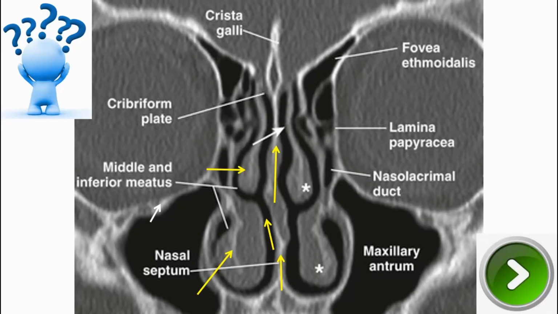This is the inferior concha or inferior turbinate, and then this is the middle turbinate, part of the ethmoid bone, and this is the nasal cavity in between the septum and the conchae, and the superior concha is not in this section.